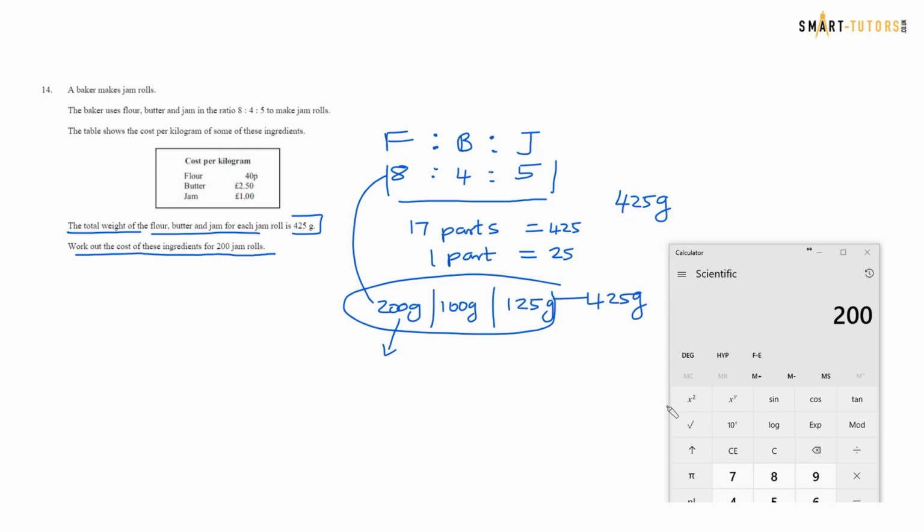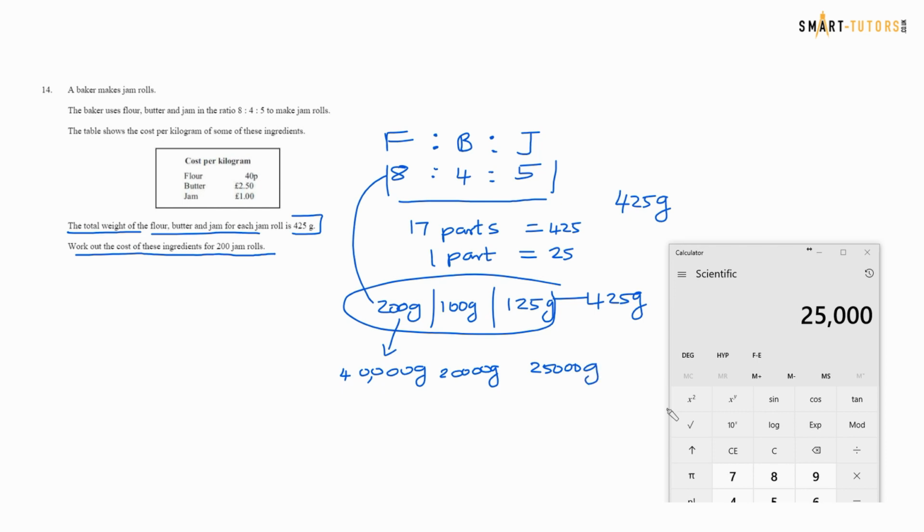So 200 means 0, 0 and 0, 0, 2 times 2 is 4. So 40,000 grams. And 200, so 0, 0, 0, 0, 2. So grams, that is the butter. So then 200 times 125, that is going to be 25,000 grams.